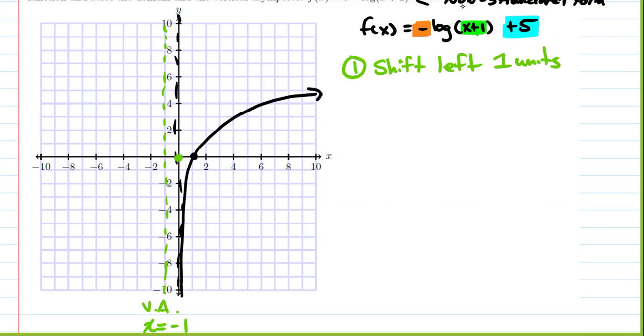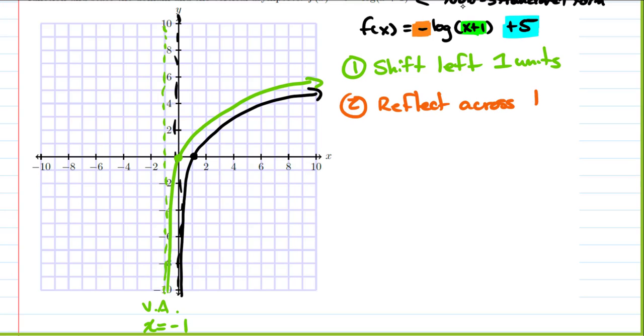The next thing we need to do is we have our minus sign, and that is going to cause our graph to reflect across the x-axis. We're going to get something that looks like this.